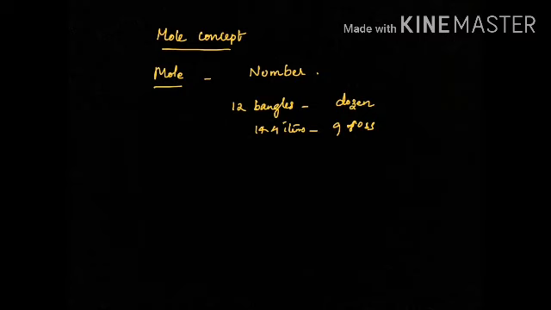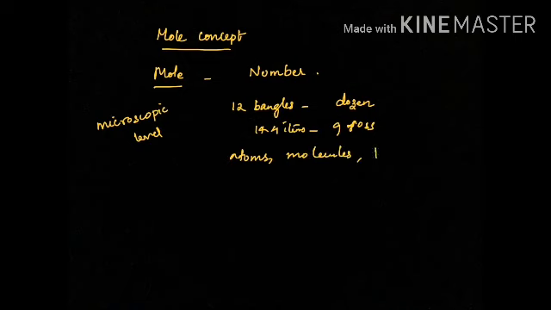But the difference is that a mole is used to indicate the number of particles at the microscopic level only. We won't use moles to represent the number of bangles, tables or books. We use the mole to indicate the number of microscopic particles like atoms, molecules, electrons, ions.